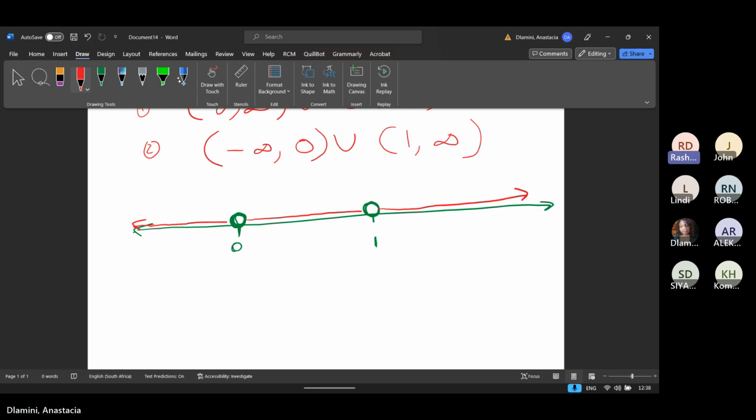Okay, which means it starts from negative infinity, comma 0.